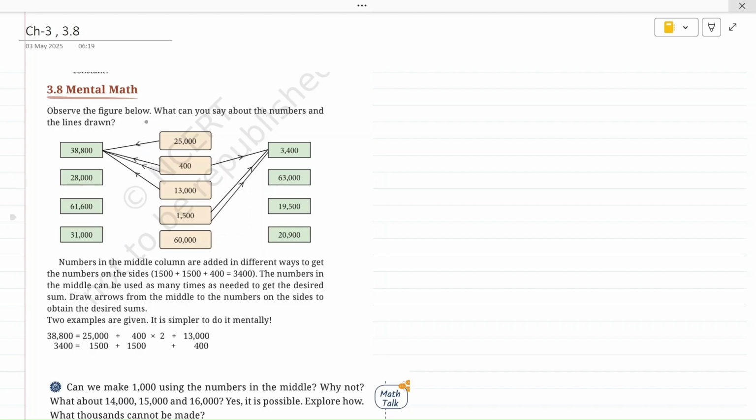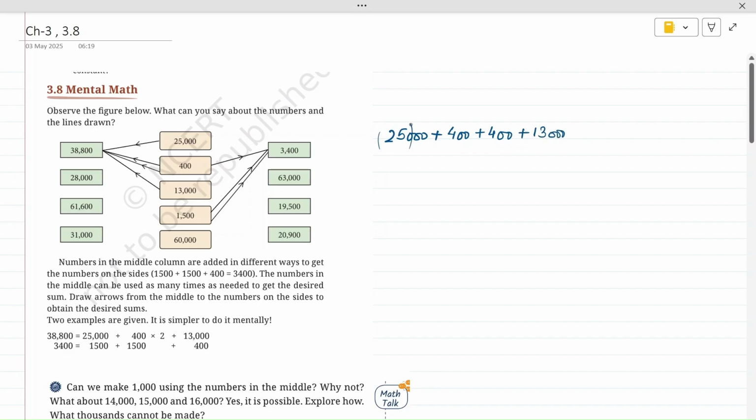Okay, so let us try to see the 38,800 number here. So kids, if you observe these numbers in the middle, if we add 25,000 to 400 and again to 400, because it has two lines, so I'm adding it twice, plus 13,000, and we add all these.